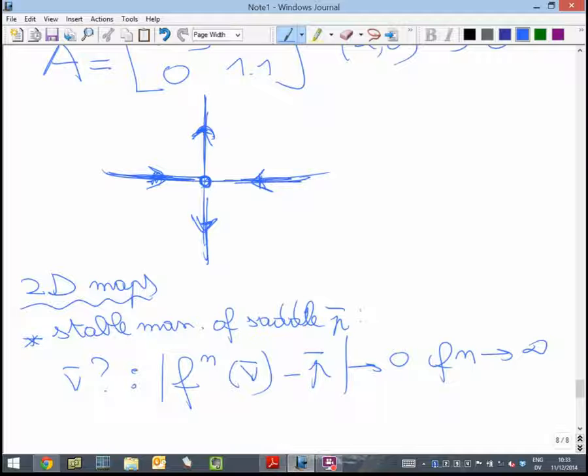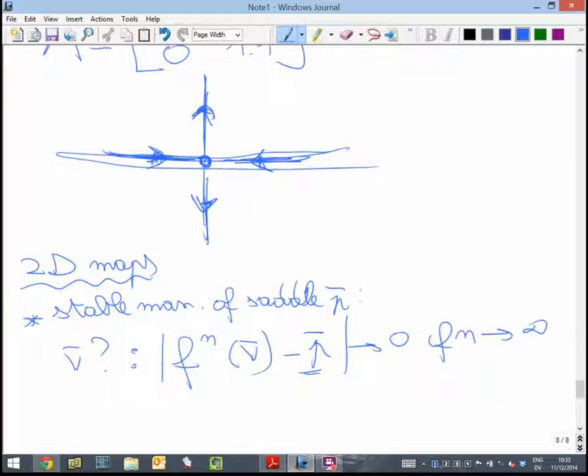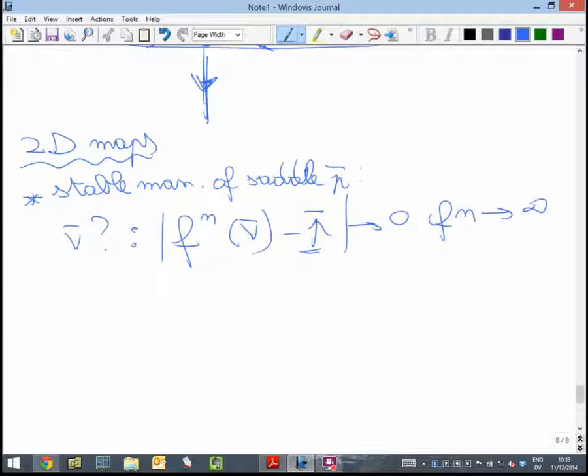So in the limit of applying this map an infinite number of times, any point on a stable manifold should end up at the saddle point. This is what we had in the horizontal axis for this simple linear case, but this is a generalization which is also valid for nonlinear systems.